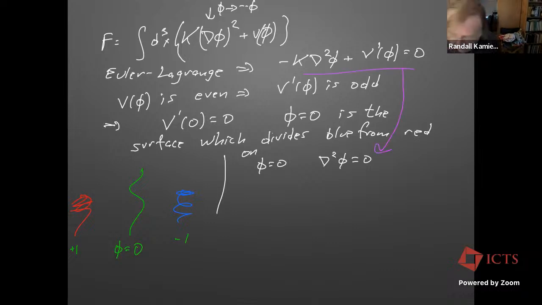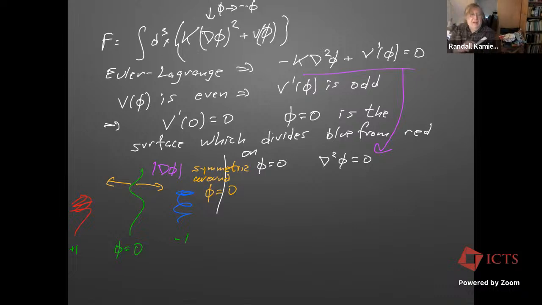And now, one last bit. Imagine I look at, say, the magnitude of the gradient of phi. So the gradient of phi has some value, it has some magnitude, but this is a symmetric function. This thing is symmetric around phi equals 0 because the two phases are symmetric.